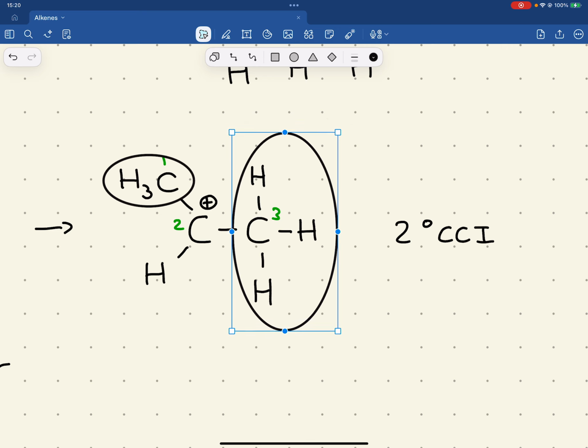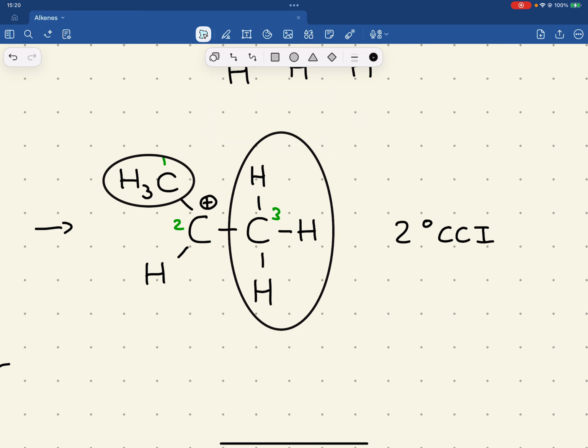So you've got these 2 electron donating alkyl groups, and they will stabilise this positive charge on the carbocation. It does this via a process called hyperconjugation.